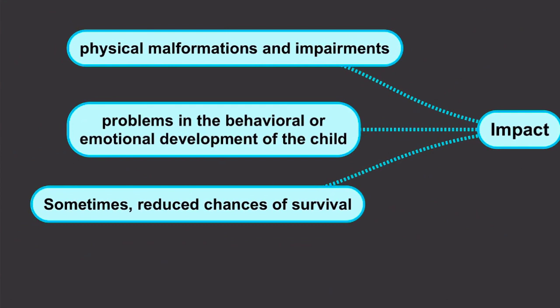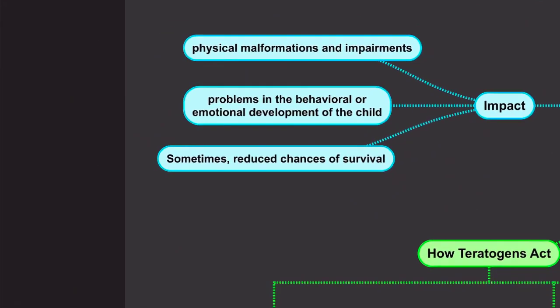So obviously physical malformations, and physical malformations can lead to physical and physiological impairments. Sometimes as a secondary outcome or direct outcome, there will be behavioral or emotional development problem in the child. And third is, in some cases, there would be reduced chances of survival.